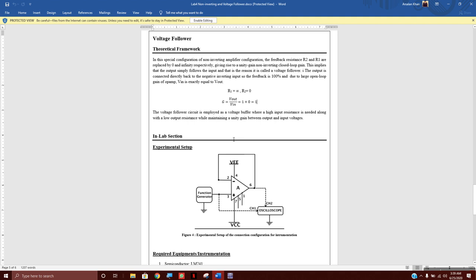Okay. So voltage follower की फिर ज़रूरत क्या?